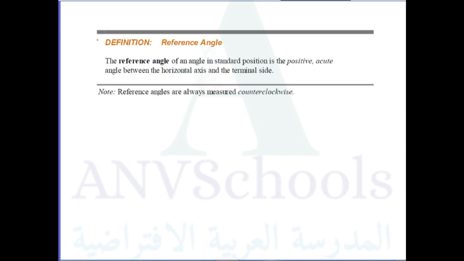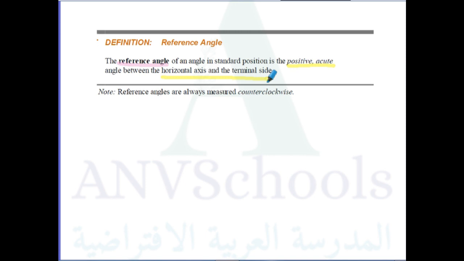The reference angle of an angle in standard position, remember, in standard position the vertex is at the origin and the initial side is along the positive horizontal x-axis, is the positive acute angle between the horizontal axis and the terminal side.